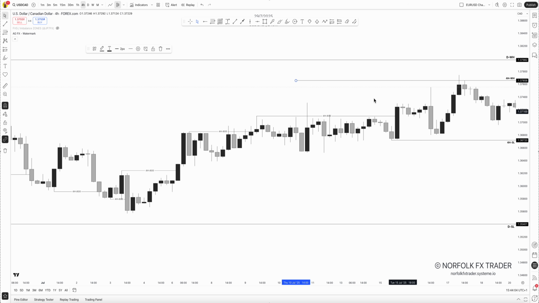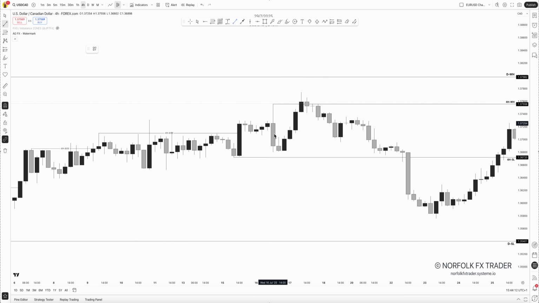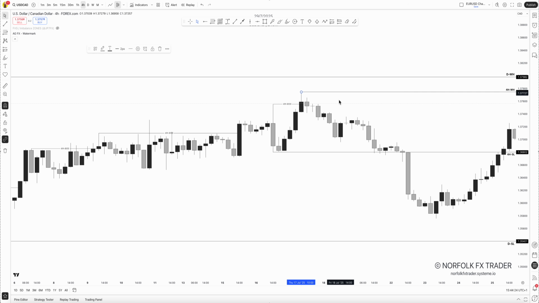From that point, let's have a look at this. This becomes a new high. And this will become a new break of structure. After that, this becomes my new low. This becomes my new high. So that is how we read that price.